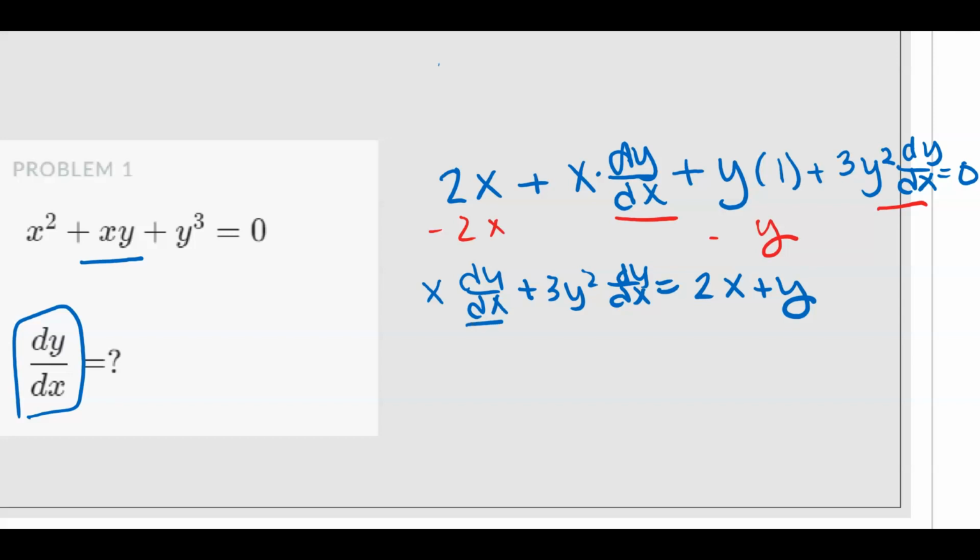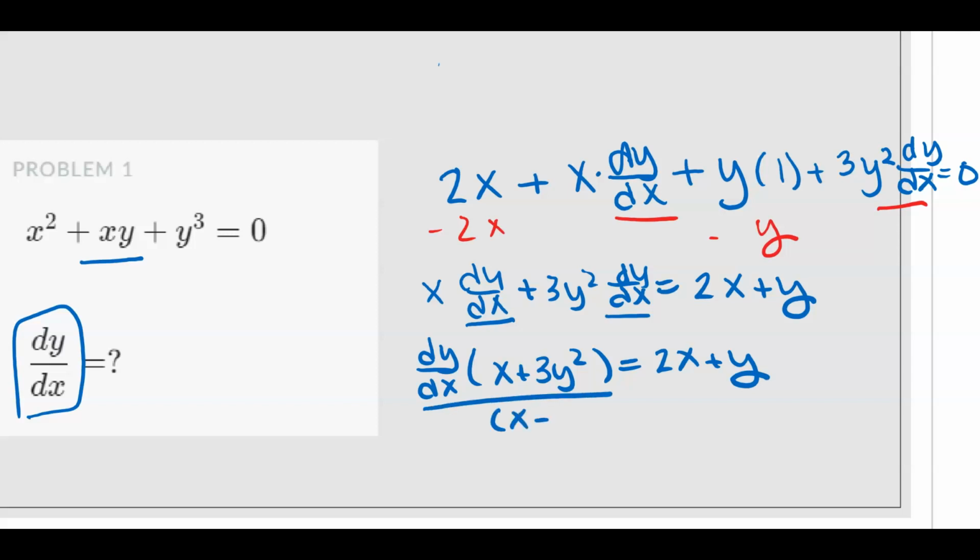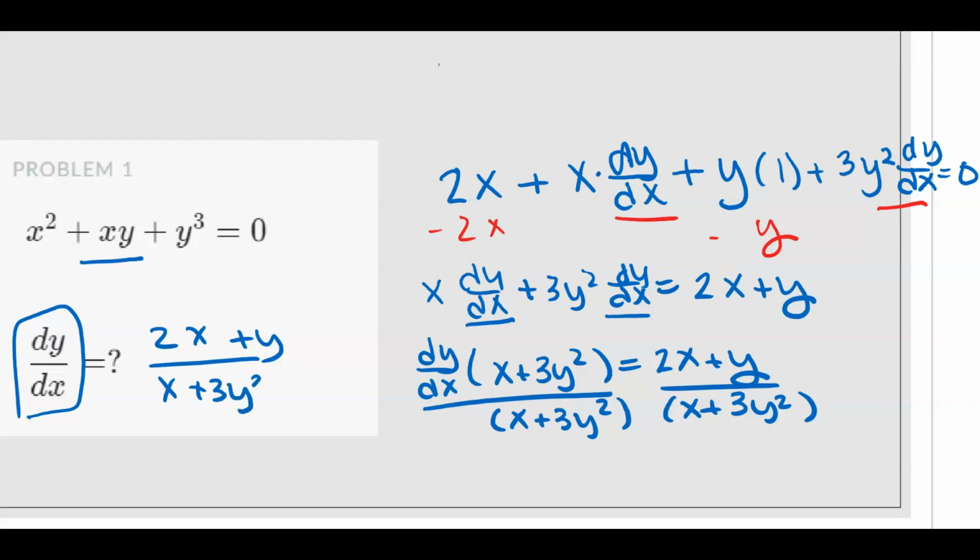Then you're going to take out that GCF of dy/dx. So you get dy/dx times (x plus 3y squared) equals 2x plus y. And then to get dy/dx alone, you're going to divide by the GCF of x plus 3y squared. So dy/dx in this case is equal to 2x plus y all over x plus 3y squared.